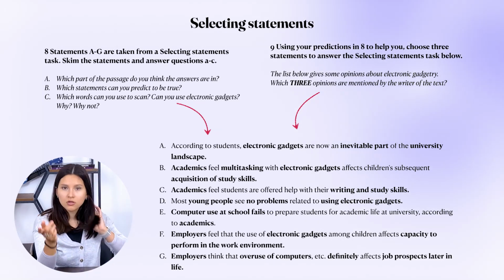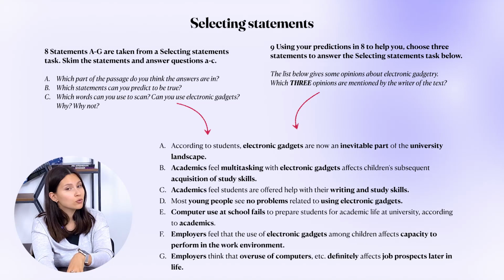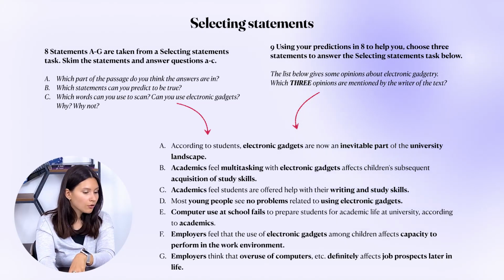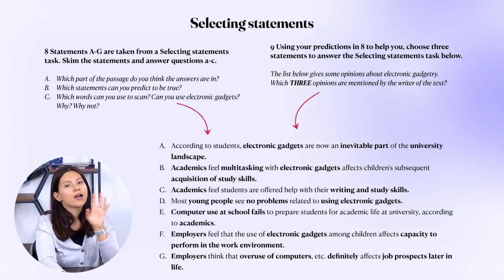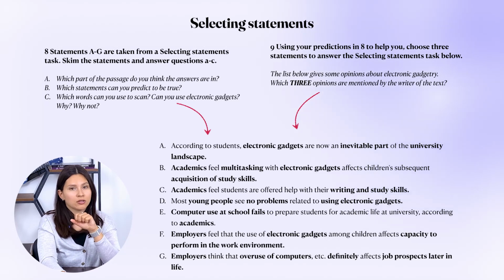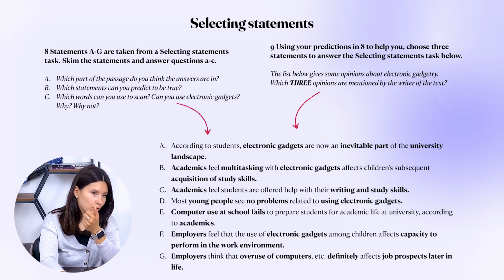Computer use at school, so computers within school and university settings, from the academics' point of view. Next, employers, electronic gadgets, capacity to perform in the work environment. But in this case, it affects the capacity, so the meaning is negative. You'll have to find the same type of information. It's not just about affecting, it's about having a negative effect on work performance.